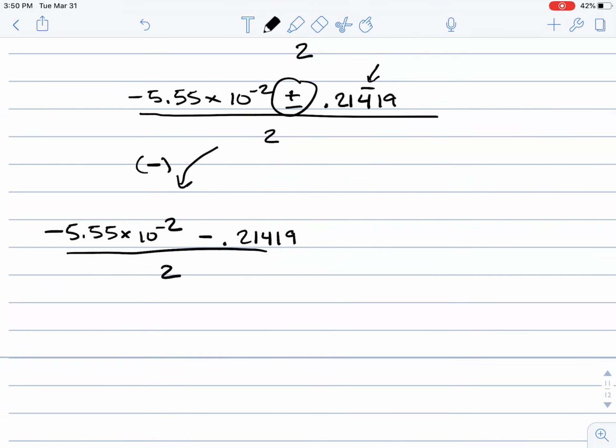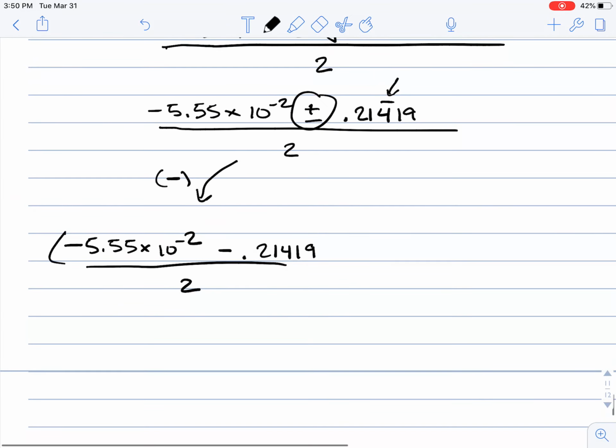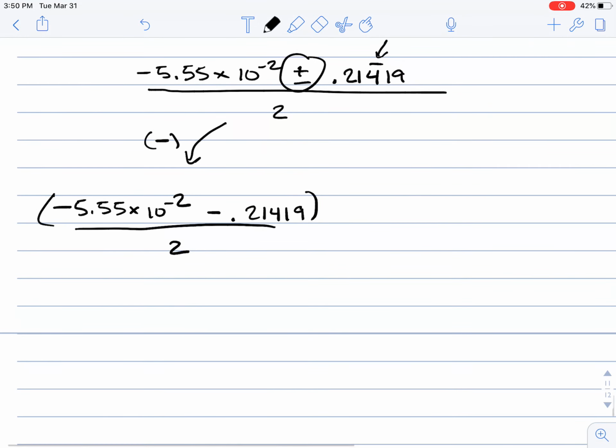Now, if you think about it, remember change is representative of concentration. And so if you were to subtract these two values, you would get a negative number. And so there's no way that a negative value can represent the change if it's reflective of concentration.